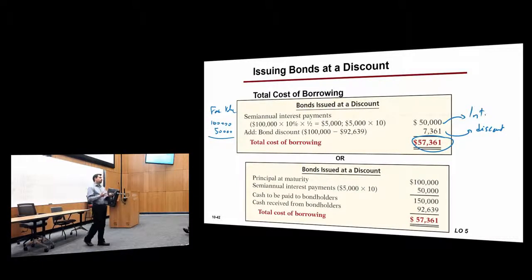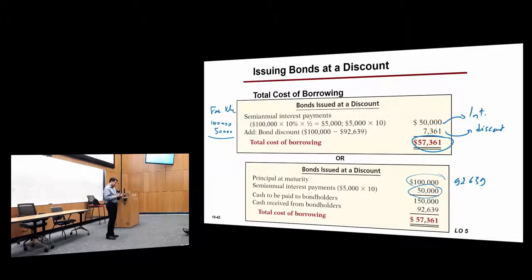Another way of thinking about it is this. The company received 100. So this is the amount that the company will have to pay back. The company will also have to pay back the interest. Those are the amounts that the company has to pay back. Okay? How much did the company actually receive? It was $92,639. So if you want to think about it like this, the company received $92,639.